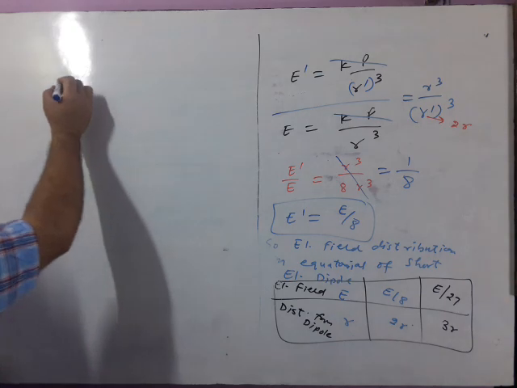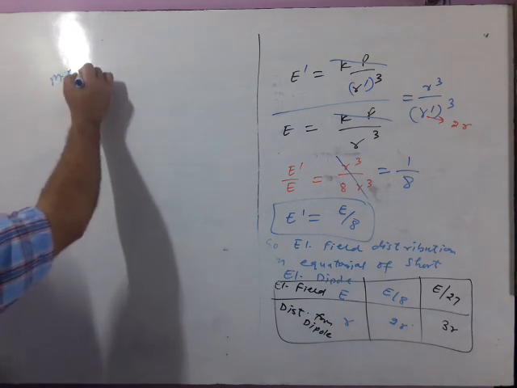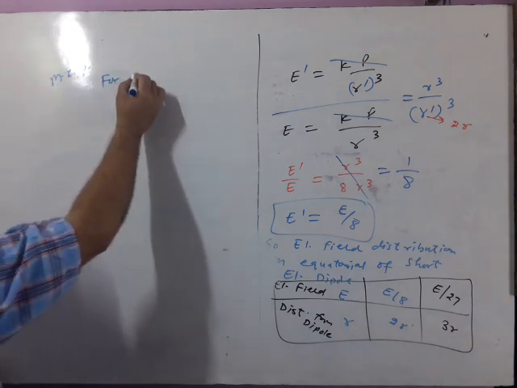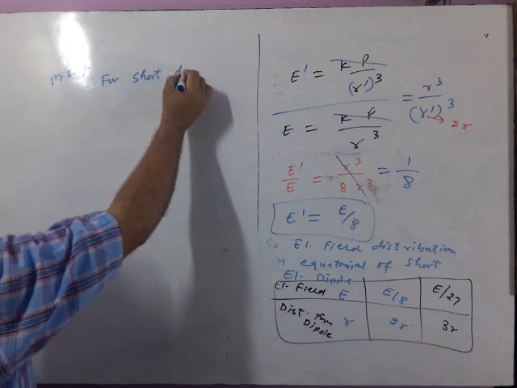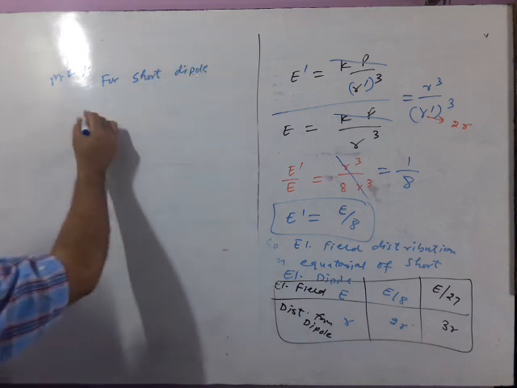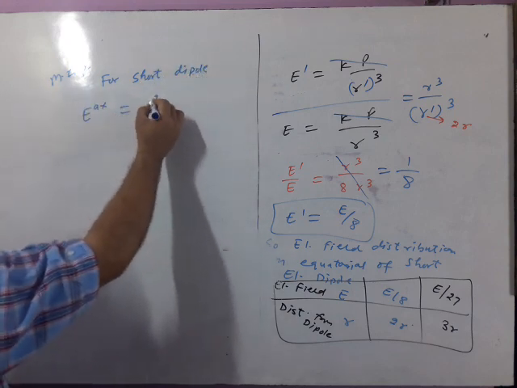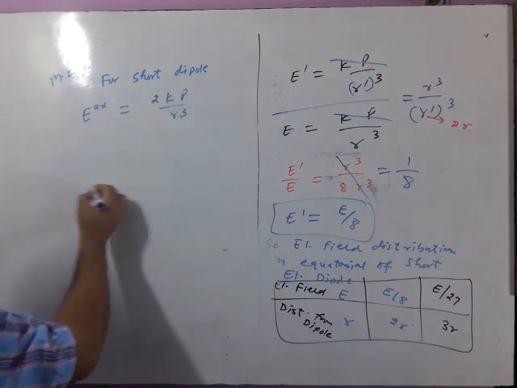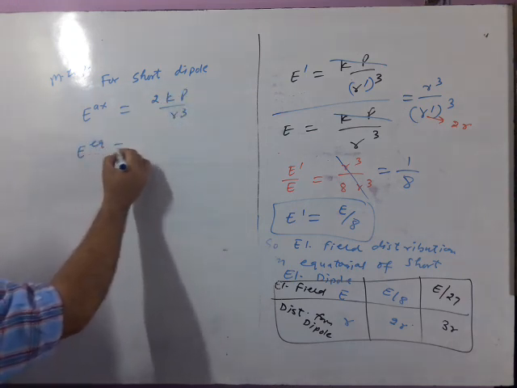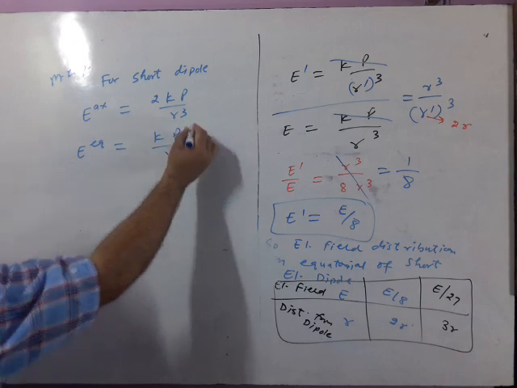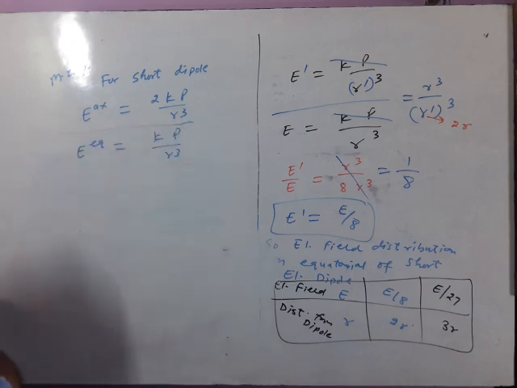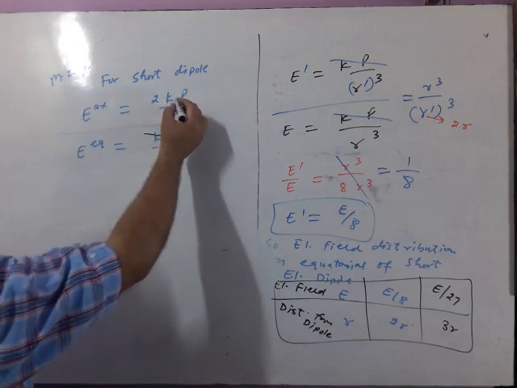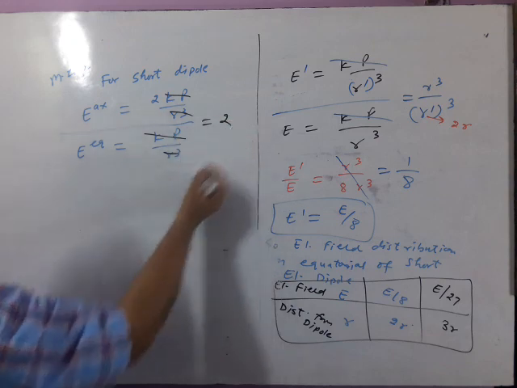Now, you know, for a short dipole, the electric field on the axial line is 2kp by r cube and the electric field on the equatorial line is kp by r cube. Divide them. It is 2.